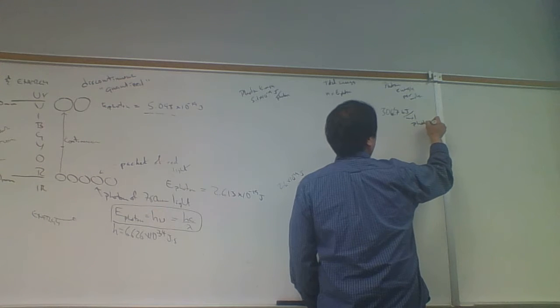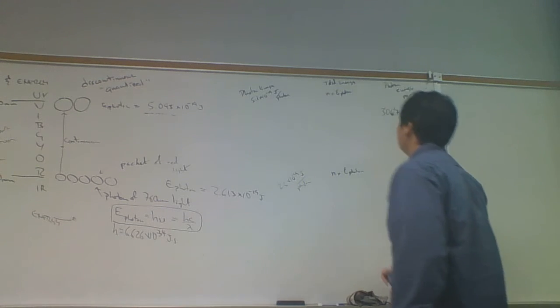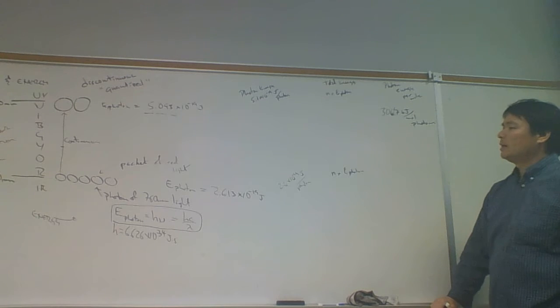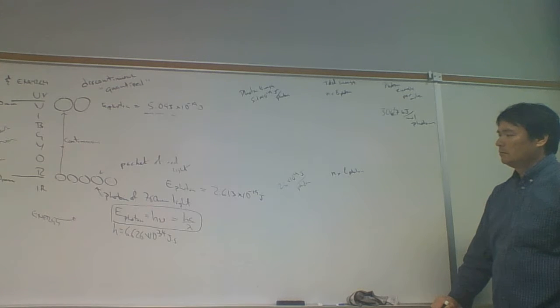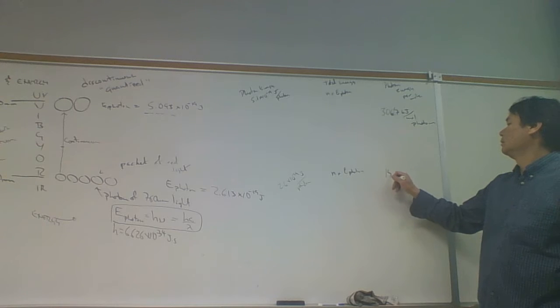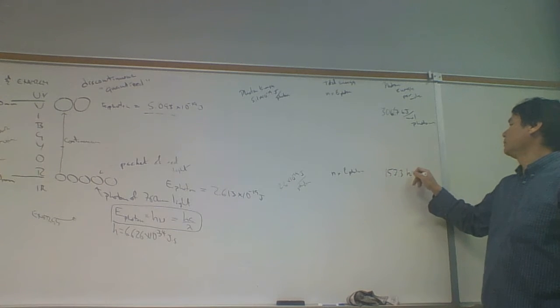And for red light, what does it come out to? At 760, it's 157.3 kilojoules per mole.